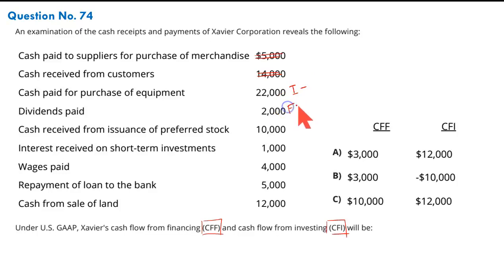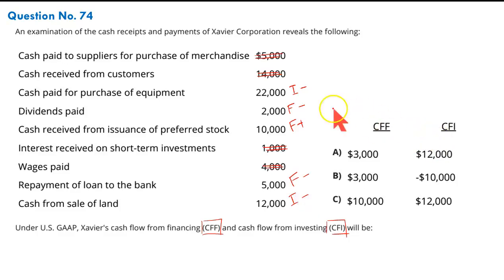Dividend paid, financing outflow. Cash received from the issuance of preferred stock, financing inflow. Interest received on short-term investments, it's an operating inflow, ignored. Wages paid, operating outflow. Repayment of bank loan, financing outflow. Cash from sale of land, investing inflow.